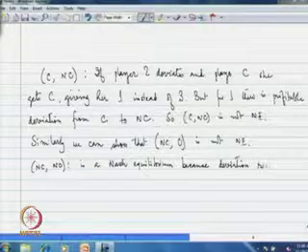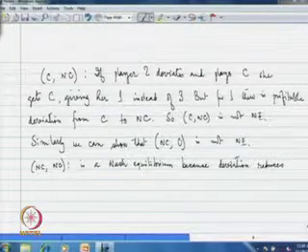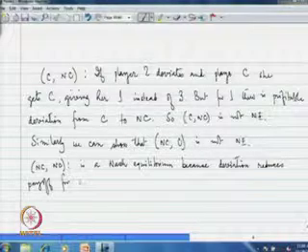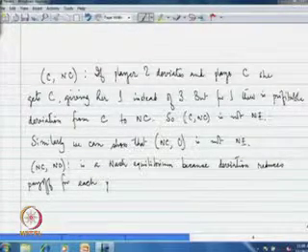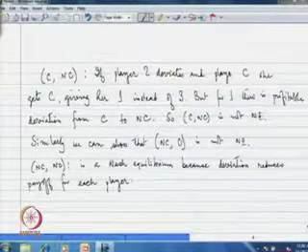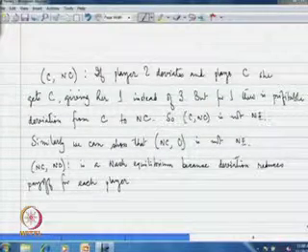Deviation in fact reduces payoff for each player. So, that is the answer of the question.